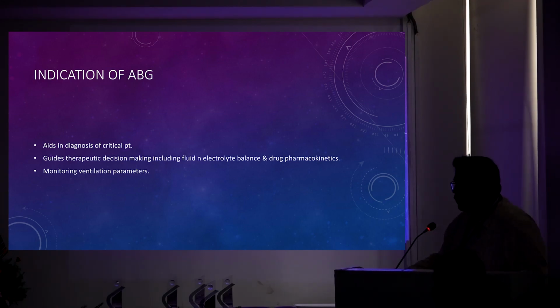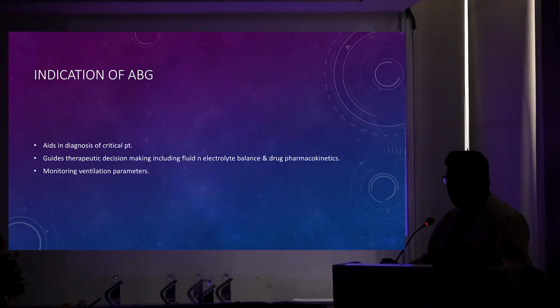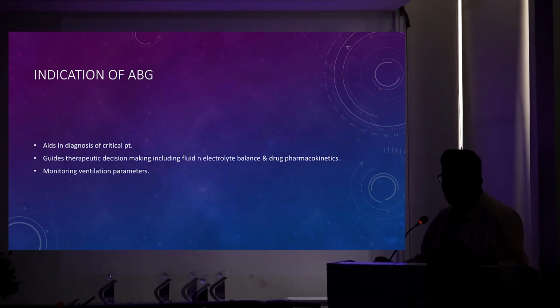Now the indications of the ABG, which I think I need not highlight more, because we are doing it day in and day out. It aids in the diagnosis of a critical patient, like electrolyte imbalance or acid-base imbalance, and it also helps in fluid and electrolyte balance, whether fluid and electrolyte resuscitation is concerned, or when we plan dialysis.